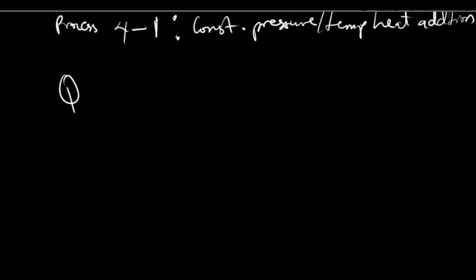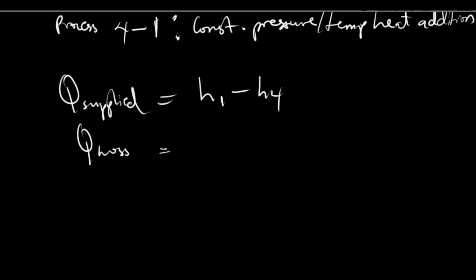The heat supplied QS is given by h1 minus h4, then Q loss is h3 minus h2.